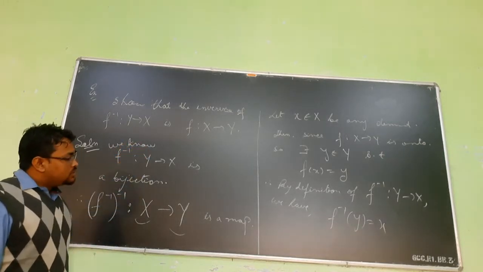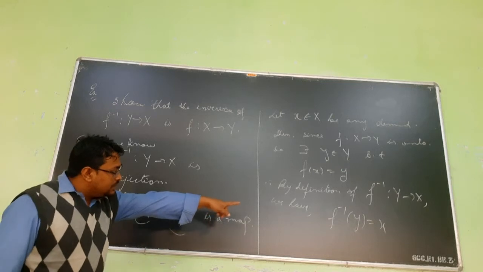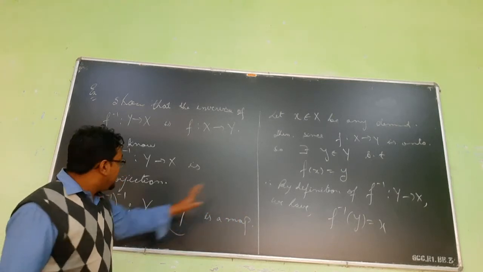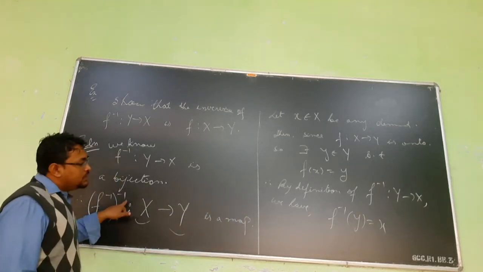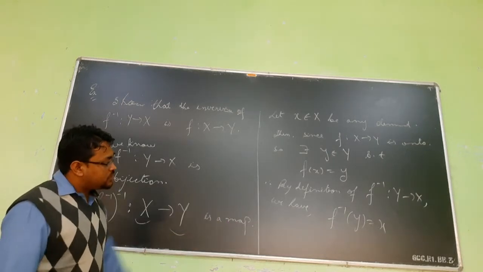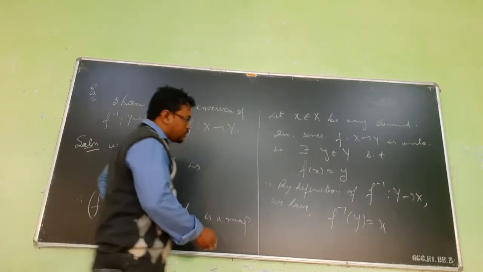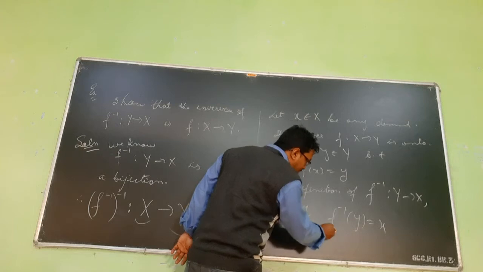So by definition, f inverse of y is x. So by definition of f inverse whole inverse, what will be f inverse whole inverse of x? It has to be y, and I am finding the inverse of this now.